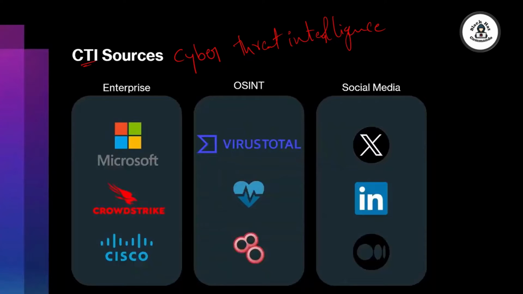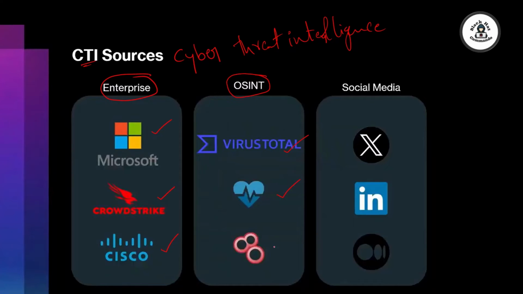Okay, so here, if you can see the enterprise versions, paid versions are available from Microsoft, and CrowdStrike is also available, and Cisco also. If you want to use OSINT, open source intelligence tools, you can use the best tool called VirusTotal, and you can also easily integrate PulseDive.